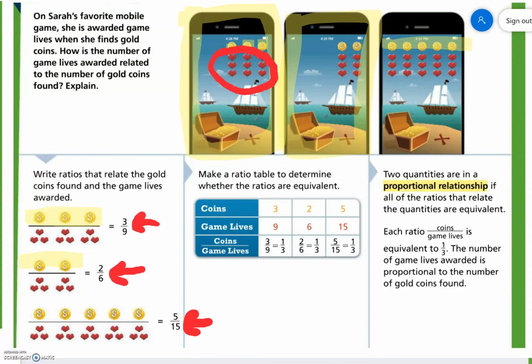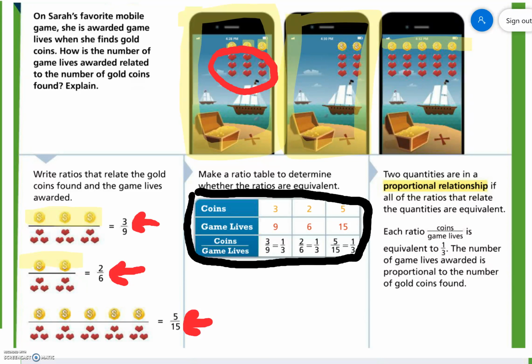So if we're looking at the coins and game lives in this nice chart, we can see that each of them, when we divide the coins by the game lives, reduces to 1/3. That means since they all have the same number when you divide, it is a proportional relationship. Here is one of your vocab words.